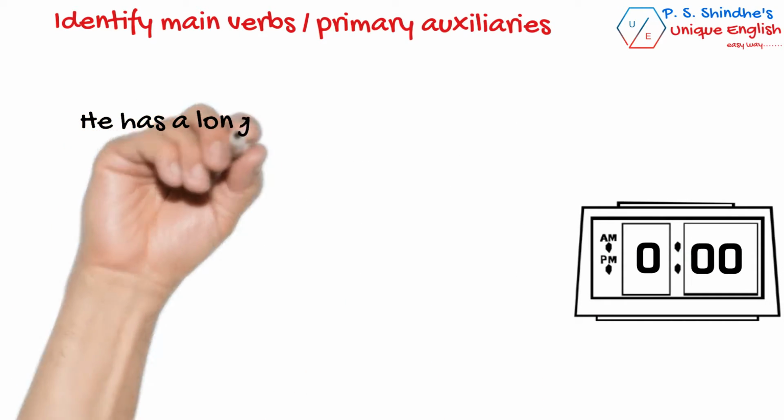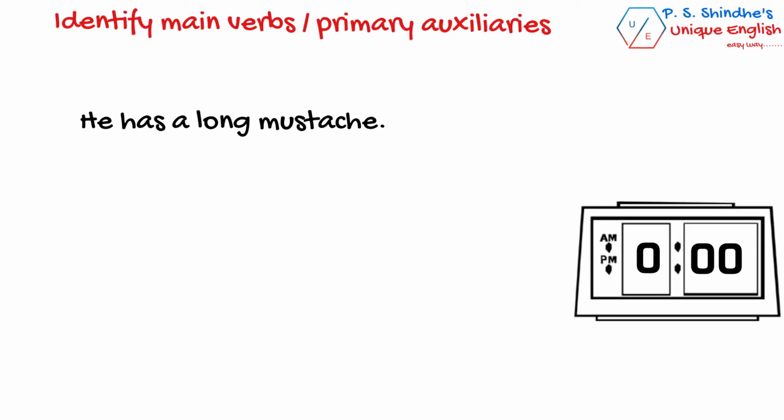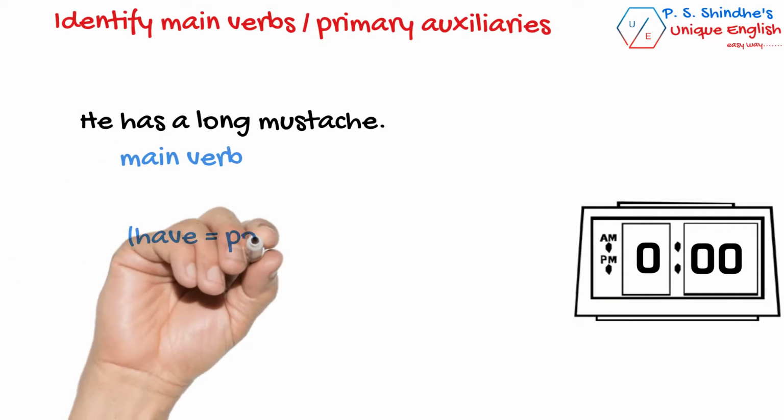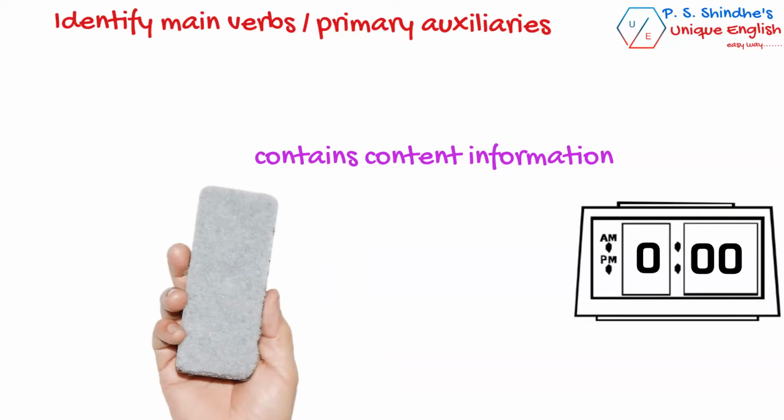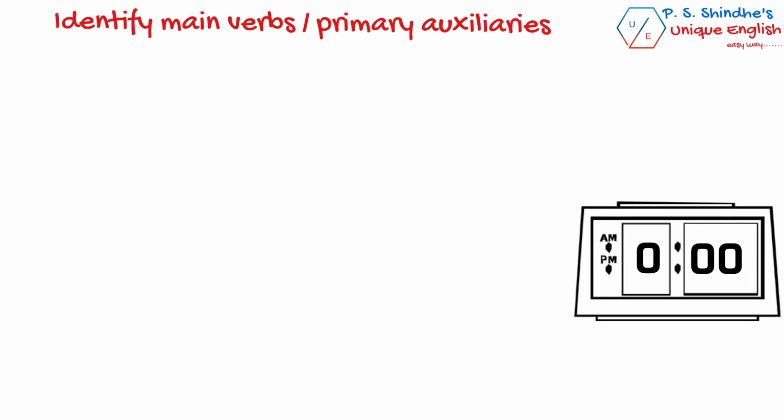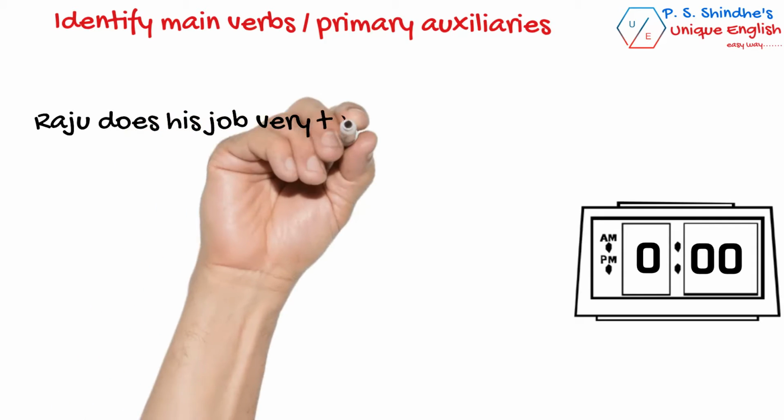He has a long mustache. Here, the main verb is have. It contains a piece of content information. Raju does his job very tactfully.